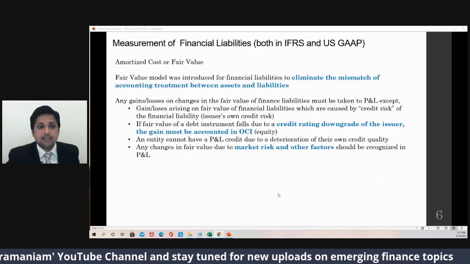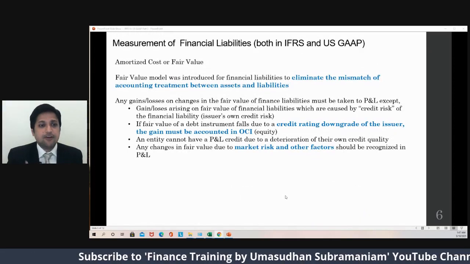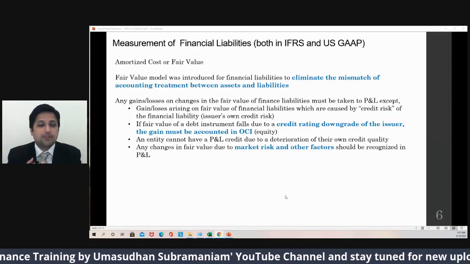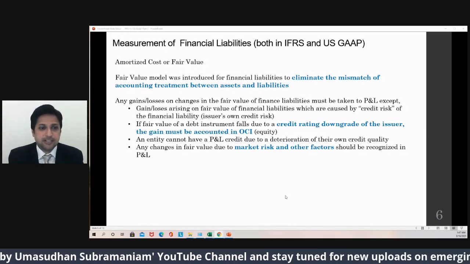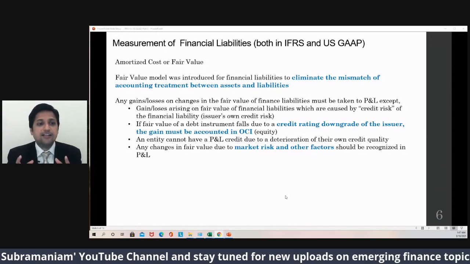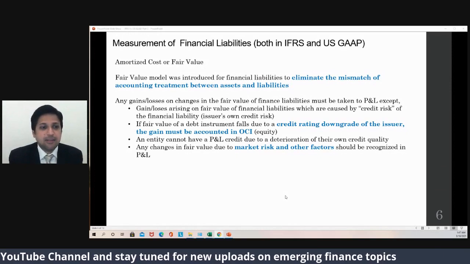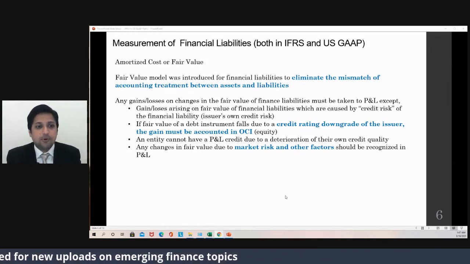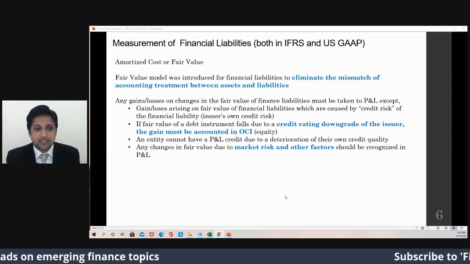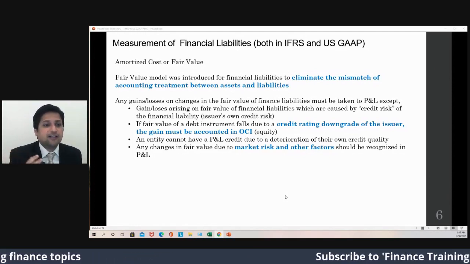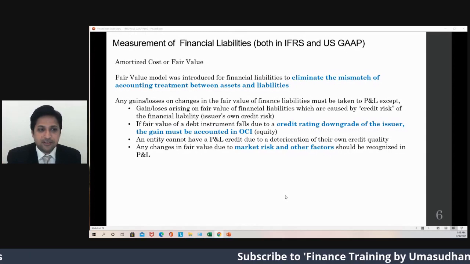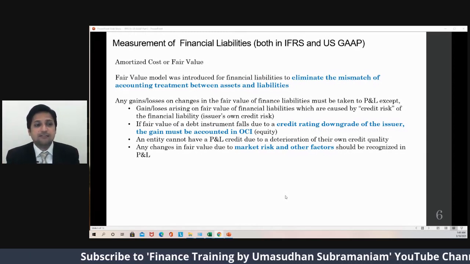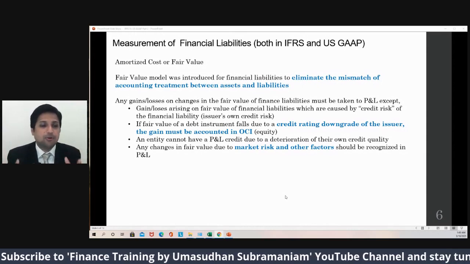Let's look into the next slide. We are going to look at the measurement of financial liabilities both in IFRS and US GAAP. Financial liabilities are either measured at amortized cost or fair value both in IFRS and US GAAP. Before IFRS 9 was introduced a couple of years ago, all the financial liabilities were measured at amortized cost.